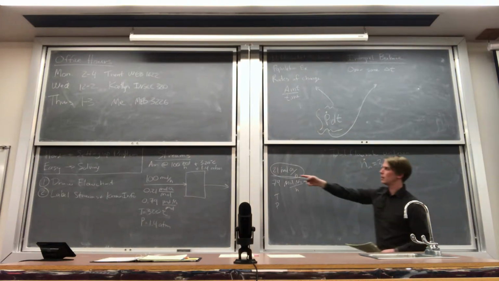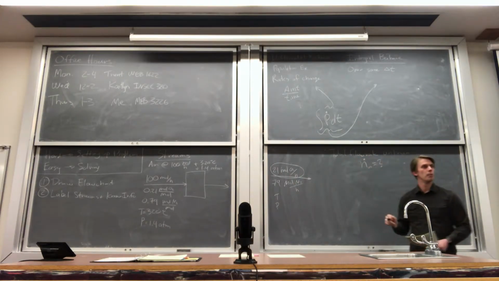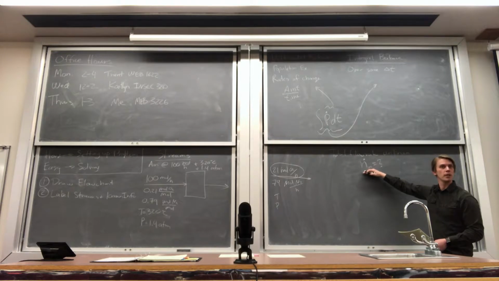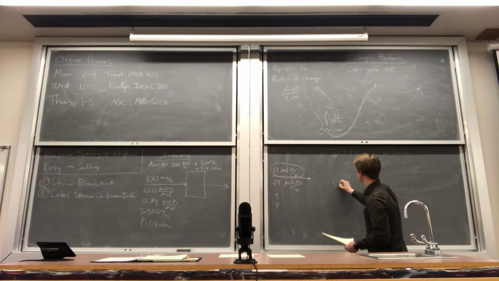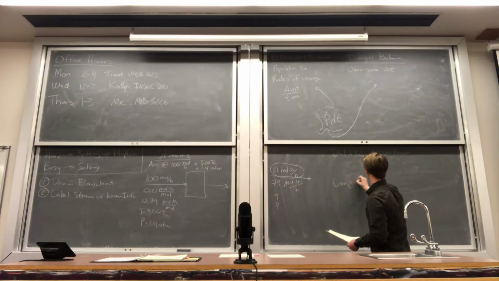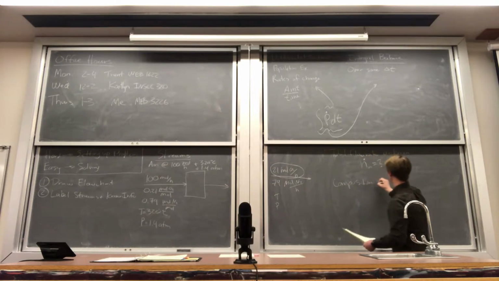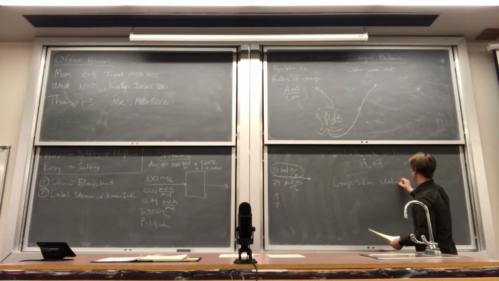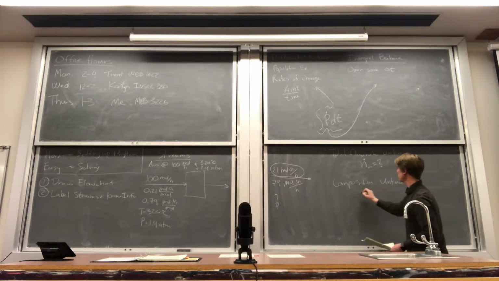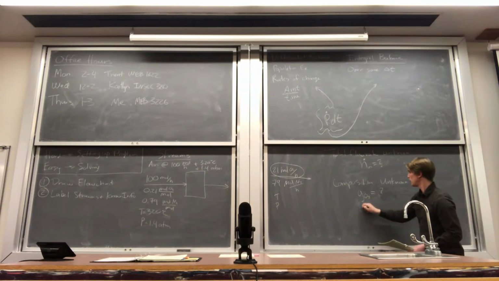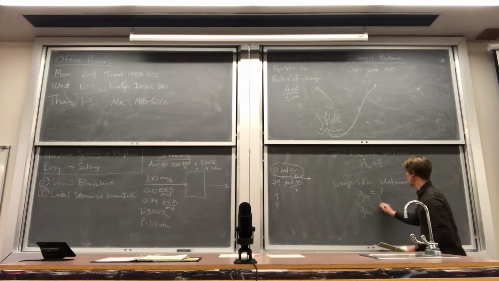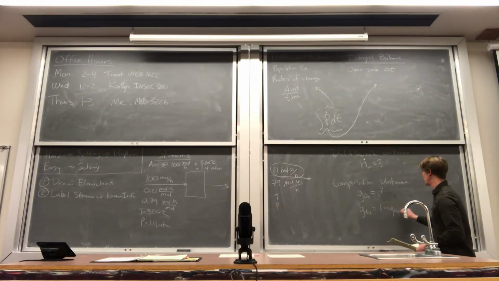In this case here, we know it's 100. But if we didn't, we would have to come up with a nomenclature system to say this. If we didn't know the concentration or composition, we would say that y of O2 is unknown, and y of N2 would be 1 minus y of O2.